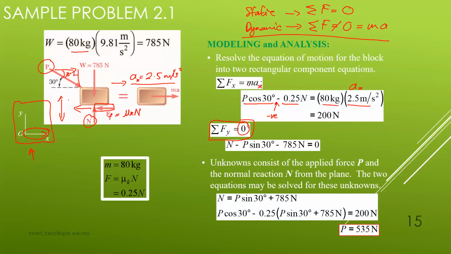No movement in that direction. So M a_y, because a_y has no motion in the y direction, is equal to 0, and therefore this one equals 0.